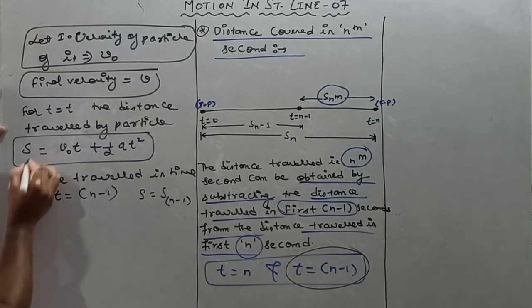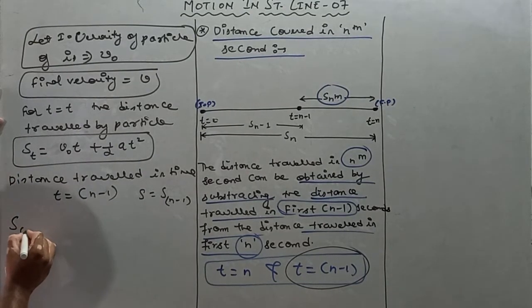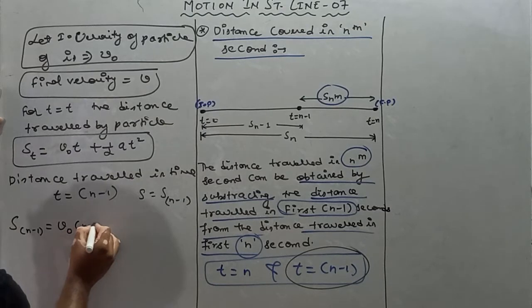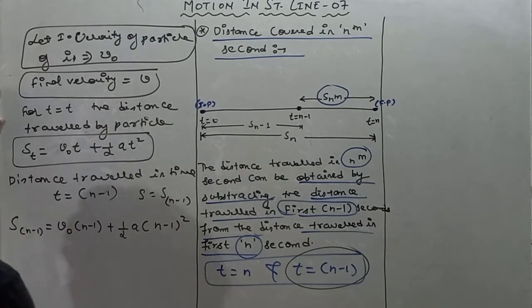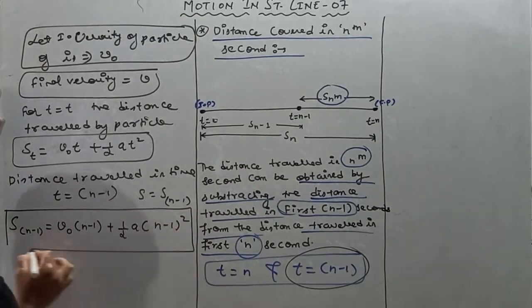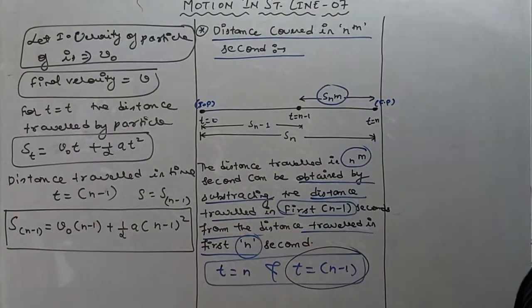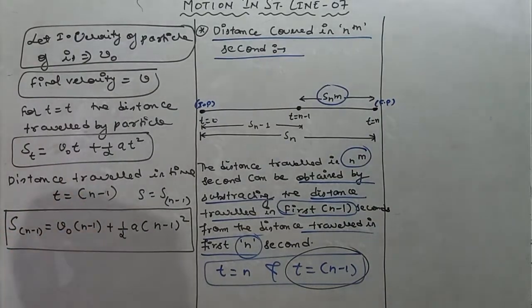Because this distance is for time t equals t, the distance in time t equals n minus 1 is equal to v naught times (n minus 1) plus half a (n minus 1) square. This is nothing but the distance traveled in n minus 1 seconds.